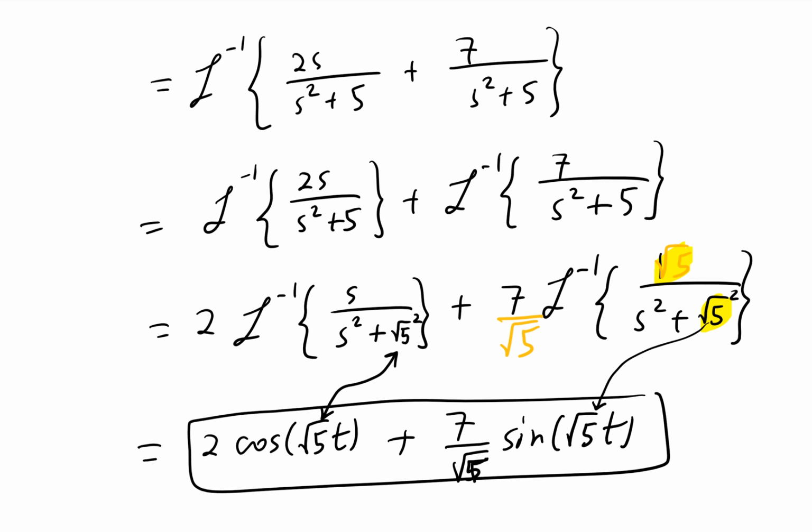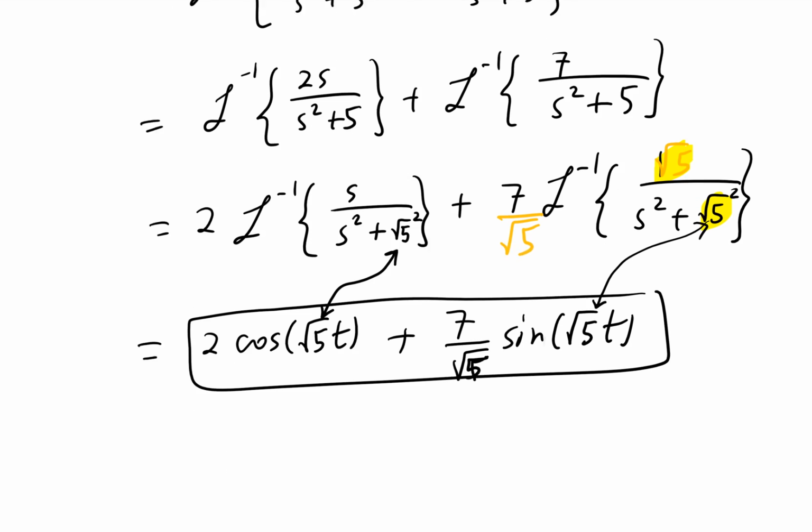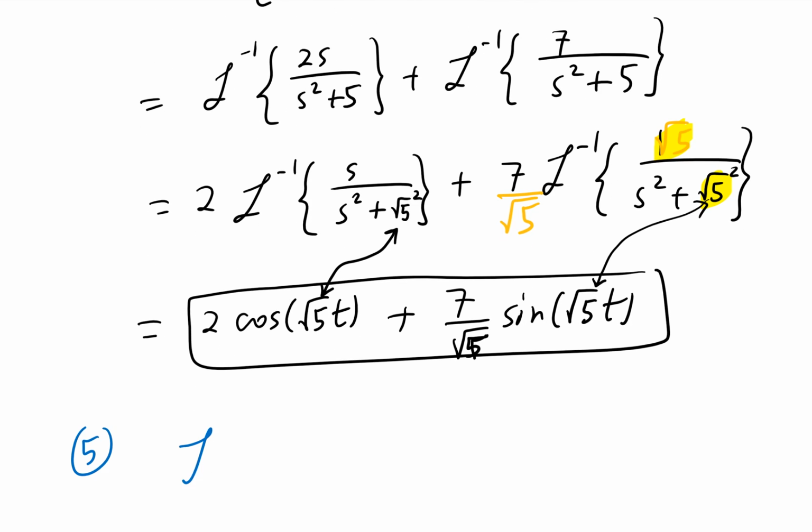So that came from here. How about another example? Inverse Laplace of 2s plus 3 divided by s squared plus 3s. Oh, what is this? If we try to split it up, I don't see s squared plus a number. I see s squared plus another s, stuff in s.